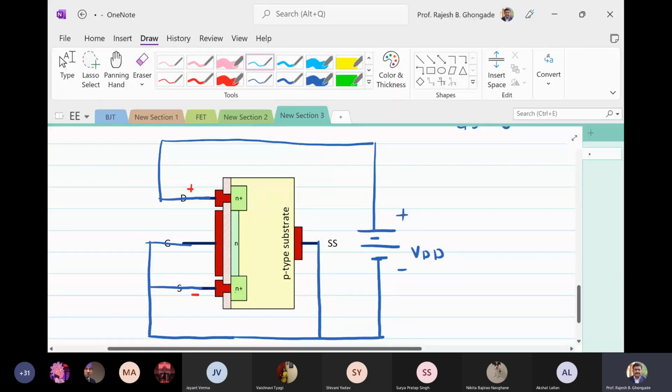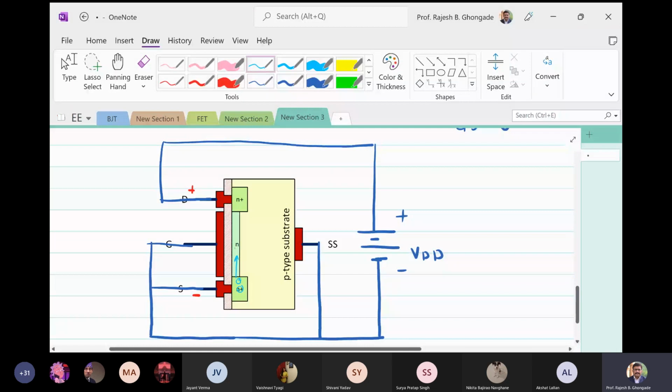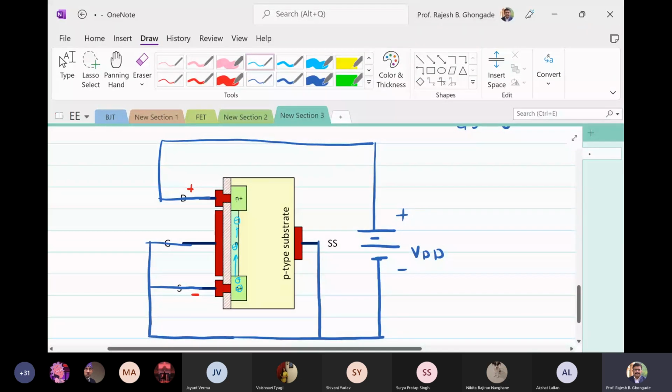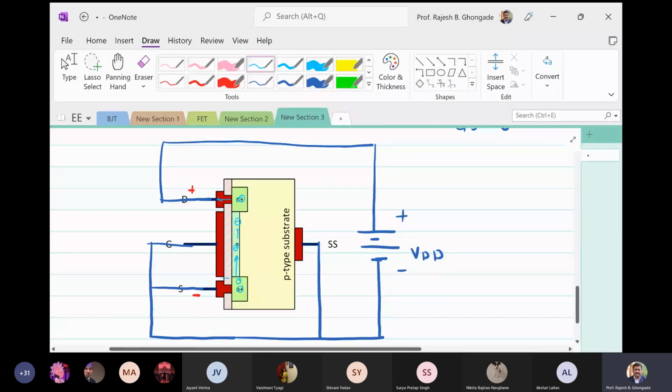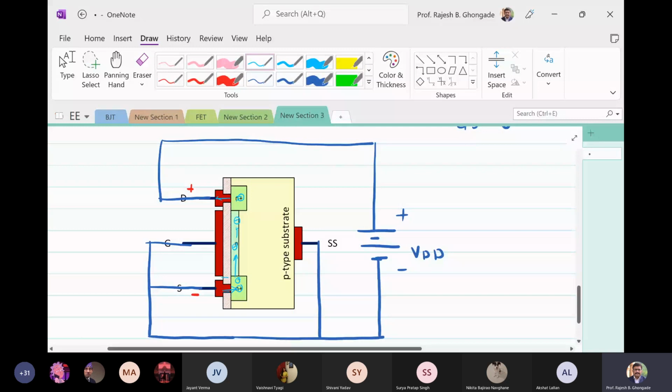Electrons का charge क्या होता है? Negative. So they will be attracted towards this positive side, no? Yes, sir. So your electrons will start flowing in this direction, moving in this direction, like this. Okay? And the external current flow will be in what direction?